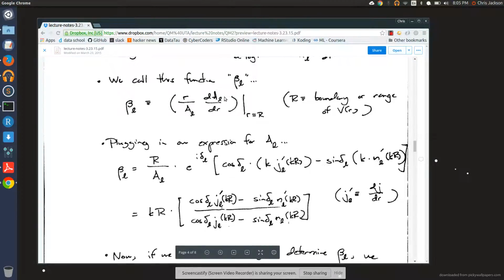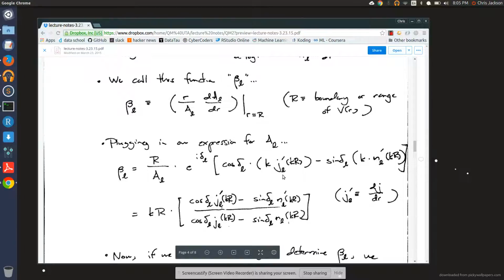Okay, so we plug in that thing that we had, e to the i delta_L, and then the combinations of cosine and Bessel and sine of Neumann, and we take derivatives with respect to r. The only thing that depends on r are the Bessel and Neumann functions, so I'm just going to leave these as derivatives. The prime here denotes a derivative with respect to r.